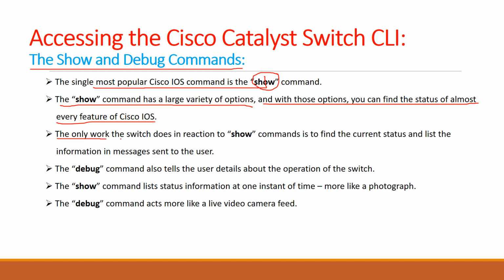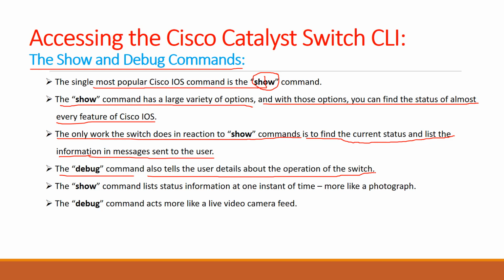The only work the switch does in reaction to show commands is to find the current status and list the information in messages sent to the user. The debug command also tells the user details about the operation of the switch. So what is the difference between the show command and the debug command?